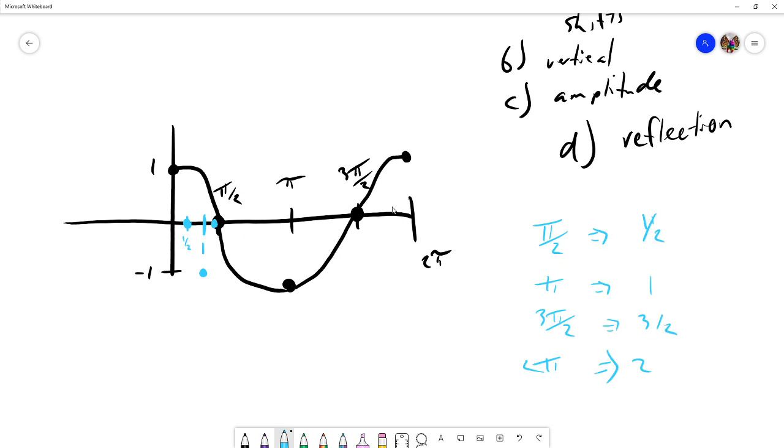It's going to act just like the 3 pi over 2. And then that leaves the value 2, which will be right over here. Now it's going to act like the 2 pi. So we have the same y coordinate as 2 pi, which is 1. So it's up here. So this is really smushed together. Here we go.